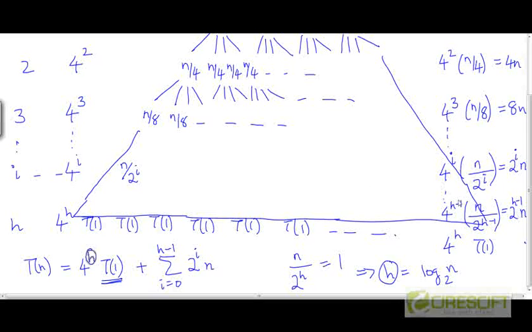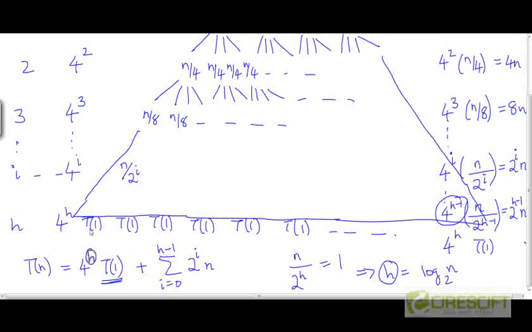So there are 4 to the power h minus 1 terms, each with a cost of 2 at the penultimate level. Then at the very last level, the number of nodes increases again by a factor of 4, so it becomes 4 to the power h. And the cost becomes t of 1. Ordinarily it would have become half of 2, which is equal to 1.